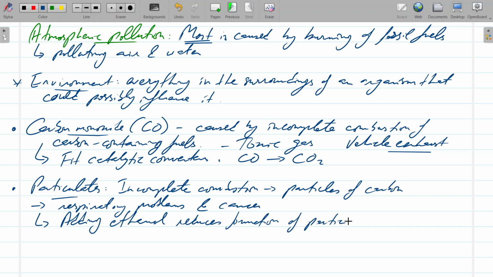So there are fewer particles of uncombusted carbon being released. And again, this is in the context of burning fuel, and so you add ethanol into that fuel, and this would have the desired effect as mentioned.